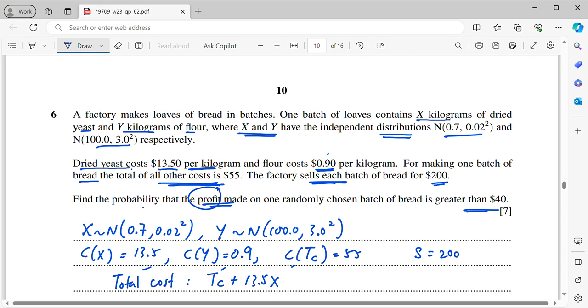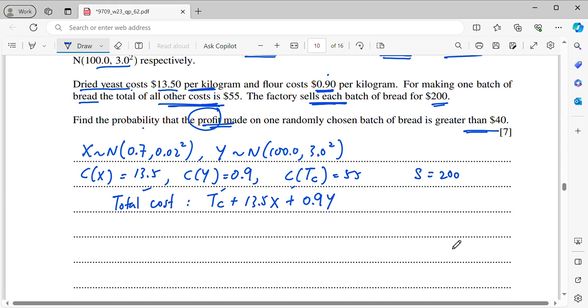This x is x kilograms. So total cost is TC plus 13.5x plus 0.9y. So it depends on y kilograms of the flour and 13.5 times x kilograms of the yeast, right? So from here I know that, let's say my total cost, I let it be T. So I just define this as T.